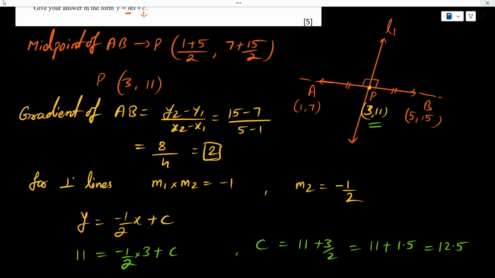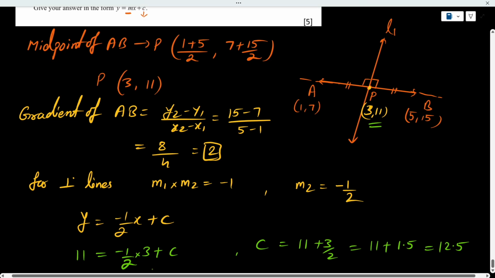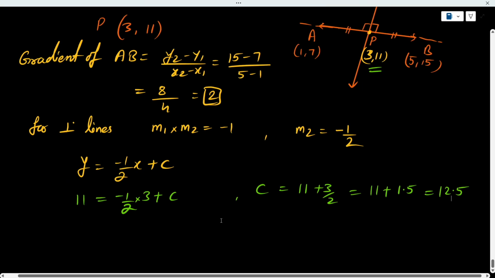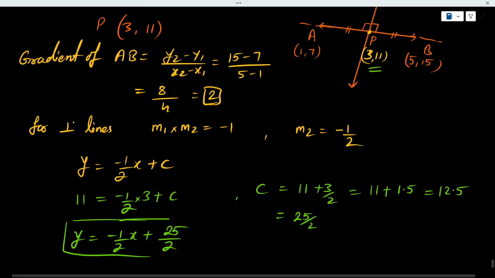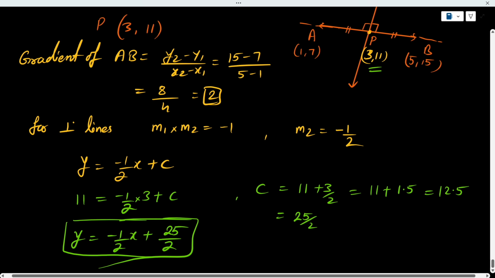Or you can write this in fractional form, which is 25 by 2. So the equation is y equals minus 1 by 2 x plus 25 by 2. This is going to be the equation of the line which is the perpendicular bisector of the first line.